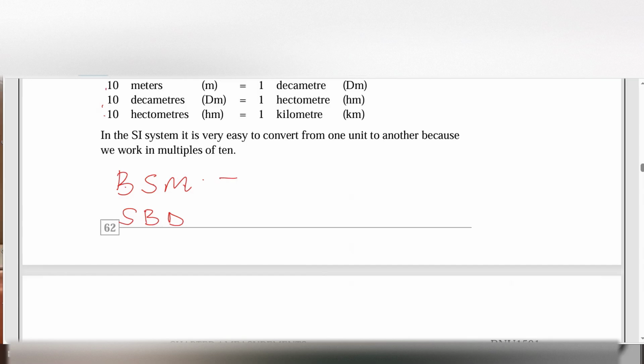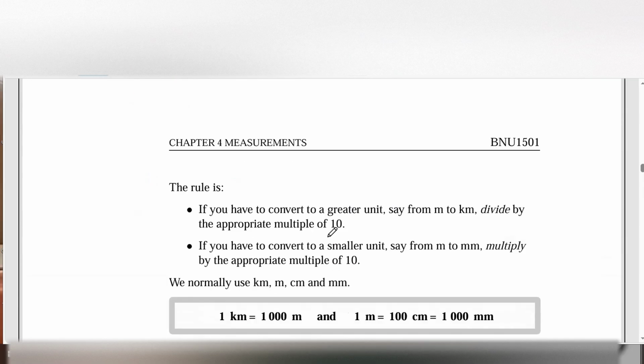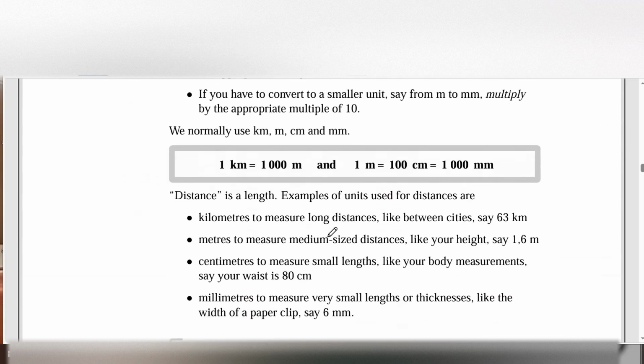That is the rule that governs these conversions. So remember the factors. Distance is a length. Examples of units used for distances: kilometers to measure long distances, meters to measure medium size, centimeters to measure very small, and millimeters to measure extra small.